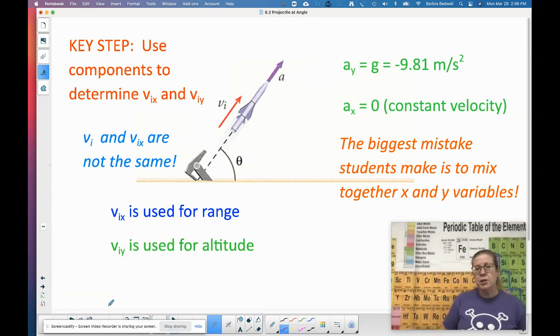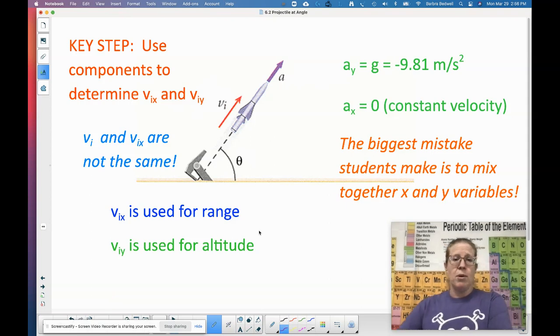The first thing we need to do is take that VI, the initial velocity, and turn it into the horizontal and vertical components. Again, SOHCAHTOA. Because we're launching at an angle, VI and VIX are not the same thing. There's a VIX and a VIY, and it's all about SOHCAHTOA to figure out which is which.